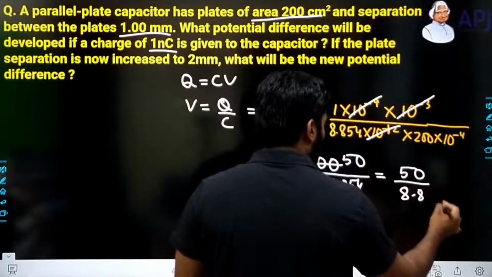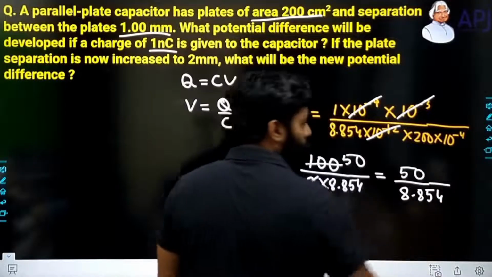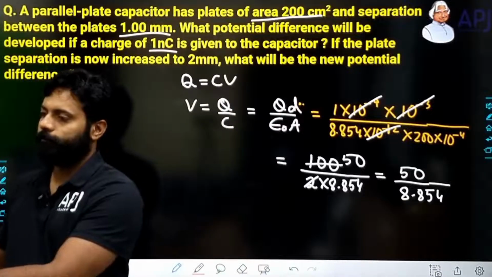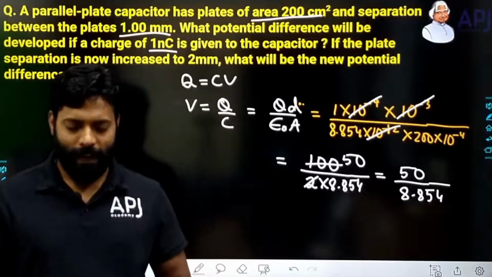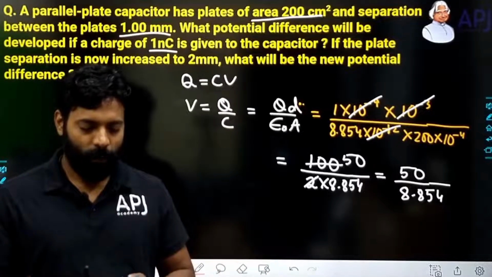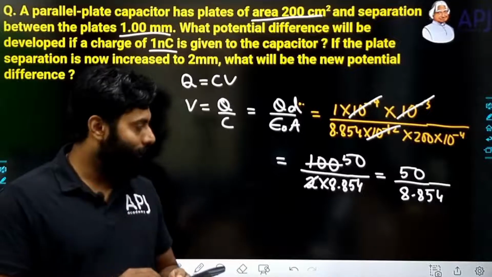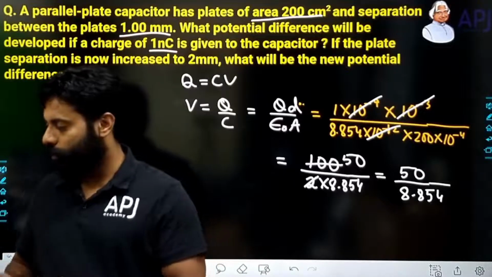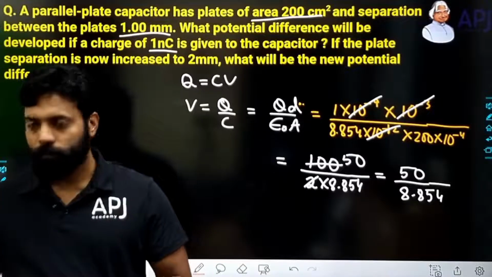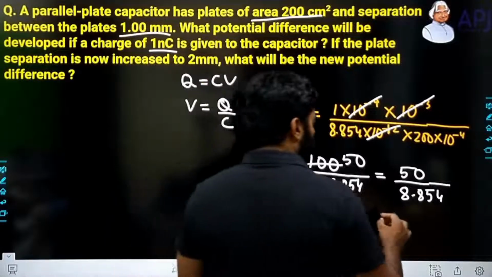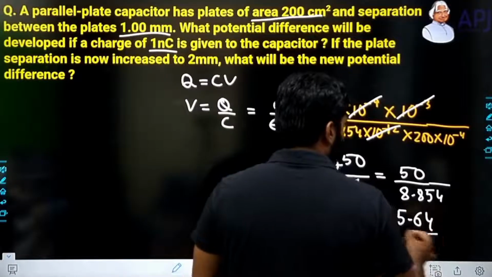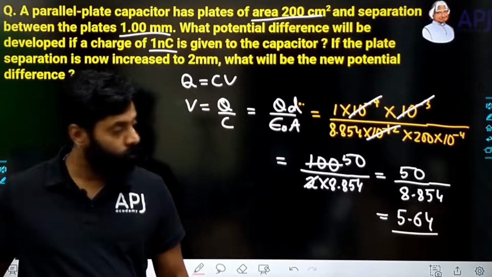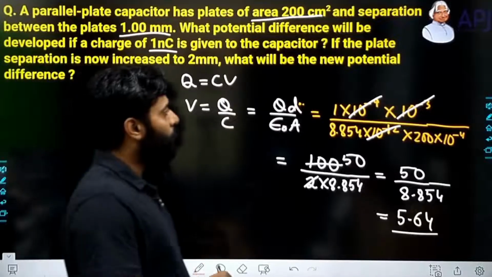Fifty divided by 8.854. Solve this question. What will you get? I have a calculator with me. So 50 divided by 8.854 will come out to 5.64. Fine. So this is the potential which you will get.